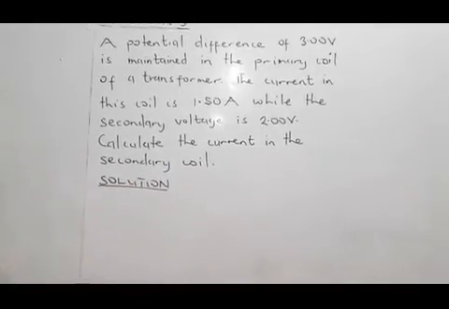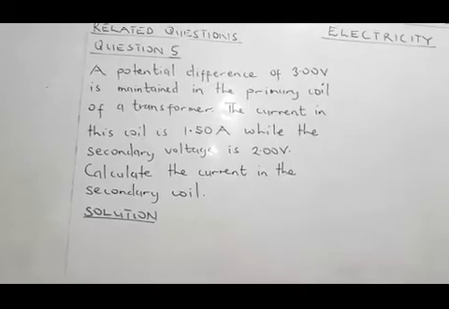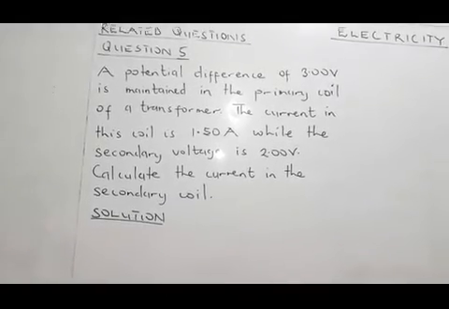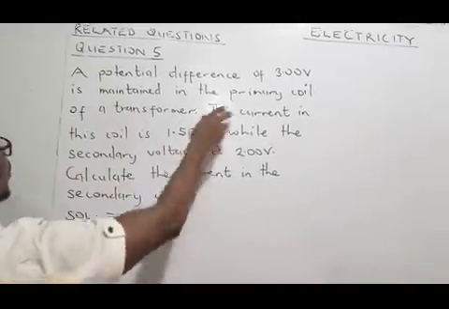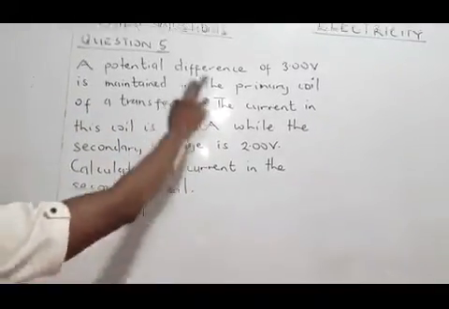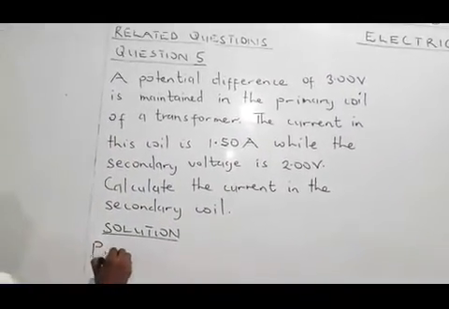So we have the potential difference. When it comes to calculation, the potential difference is the same as the voltage. So the voltage in the primary coil is the 3.00 volts. So that's the primary voltage.